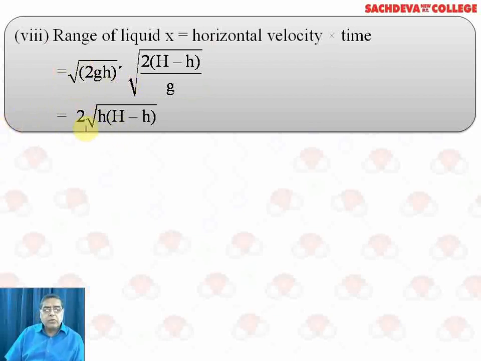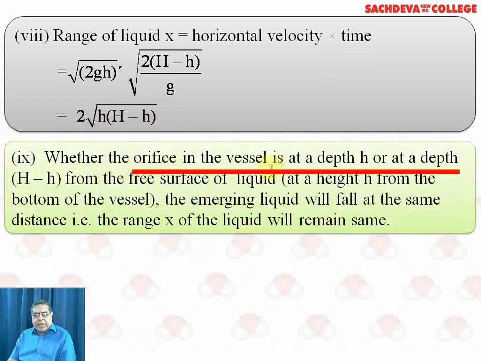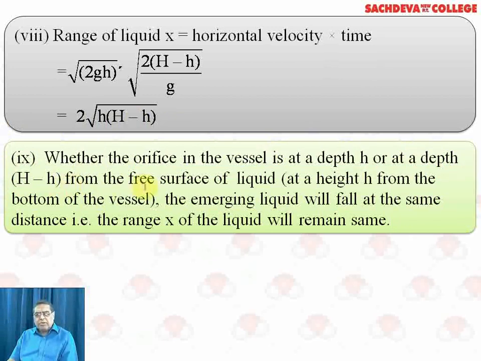and we do the rationalization, and we come to the equation x = 2√(h(H − h)). Now the next point is whether the orifice in the vessel is at depth h or at depth H − h from the free surface of the liquid.